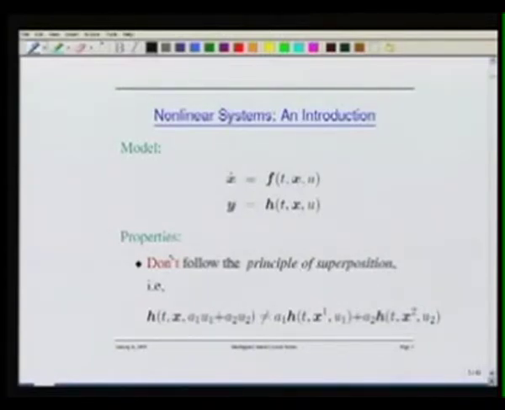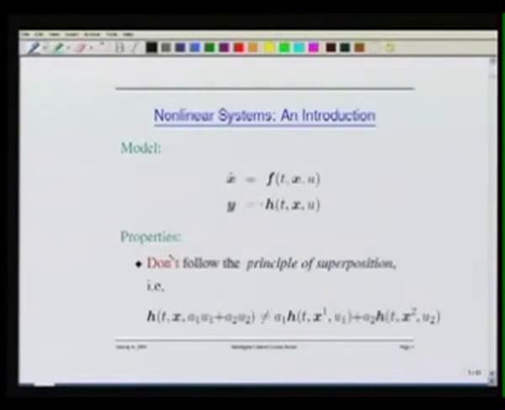So, what you are seeing is our general state space nonlinear system model, x dot equal to f(t, x, u), which means it is explicit in time as well as a function of x and the input u. This is a state variable model, and the output is again a nonlinear function h.